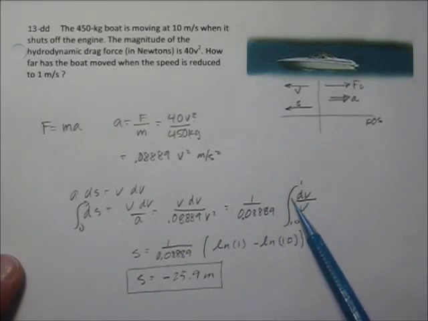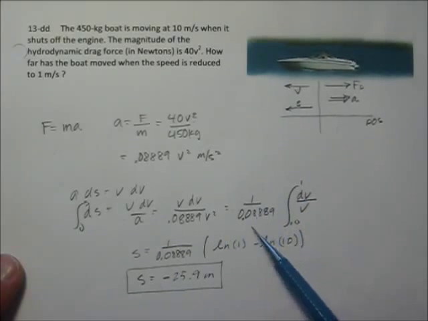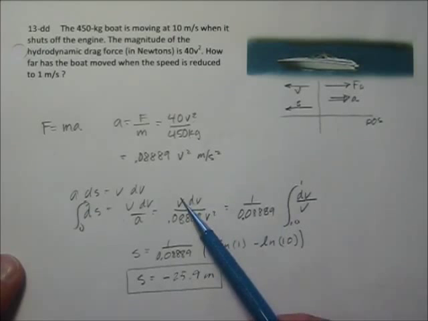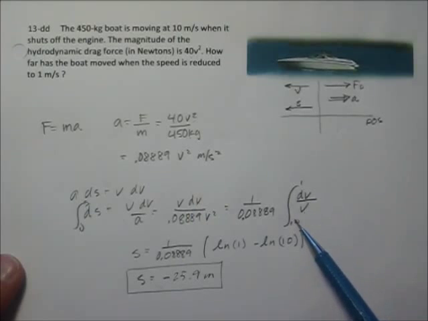Then I can take that out of the integral before I do the integration, and I get 1 over 0.008889. And then over here, the v on the numerator cancels with that squared on the bottom, and I get dv over v. And then we integrate that.